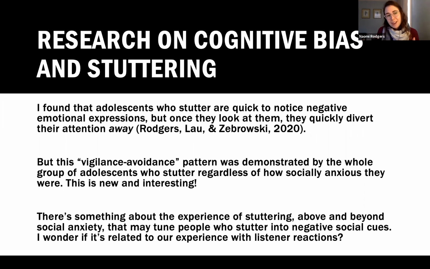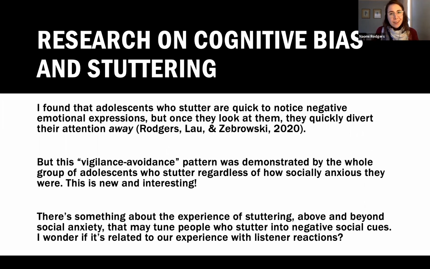And so this was my interpretation or conclusion from that study, that there's something about the stuttering experience beyond the confines of social anxiety that really tunes folks who stutter into those negative expressions. And I do think that it's linked to our experiences with listener reactions and expecting negative listener reactions in our social interactions.